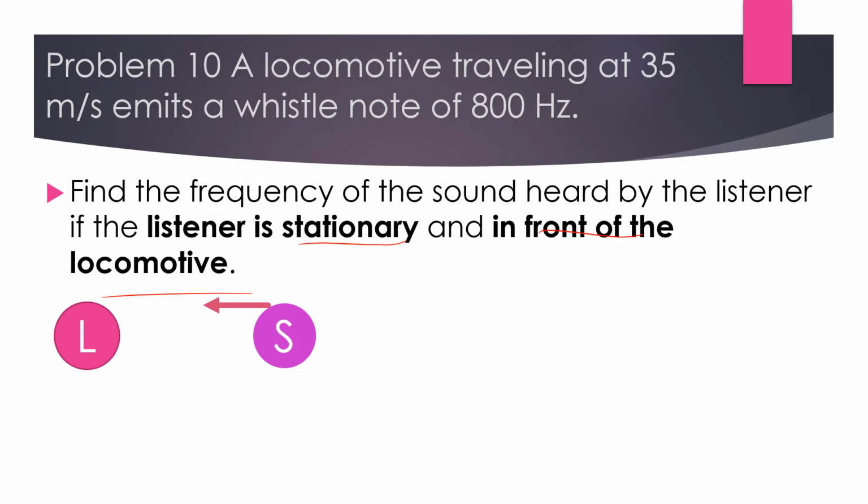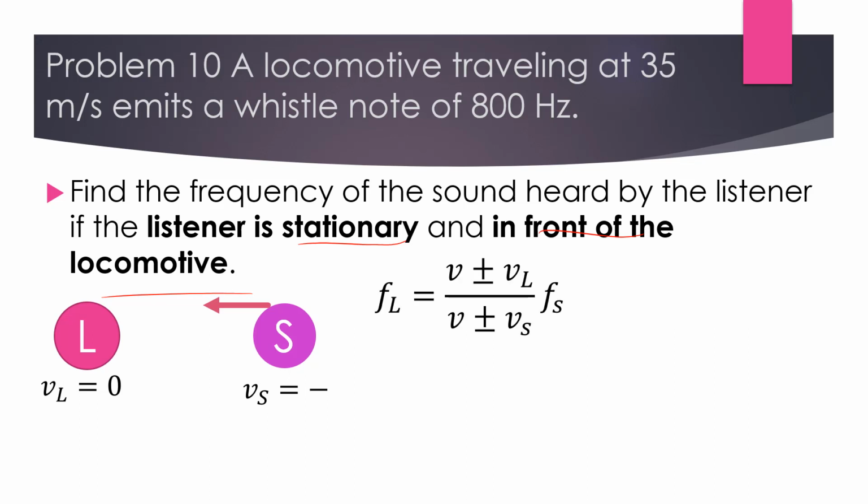Okay, since the listener is in front of the locomotive, it means that the source, or the locomotive, is moving towards the listener. The listener is stationary, so VL is 0, and VS is minus because your source is going towards the listener. So therefore, the frequency heard by the listener can be reduced into this one.